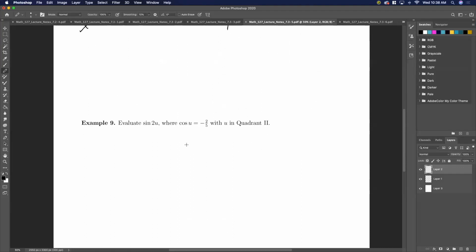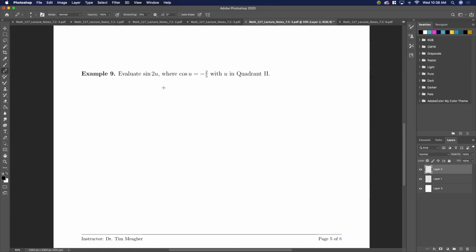All right, let's do one more of these. Find sine of 2u, where u is equal to this in quadrant 2. So once again, I'm in quadrant 2. So let's go ahead and draw this. And so cosine of u, let's put my u here. So here's my u. I'm in quadrant 2.